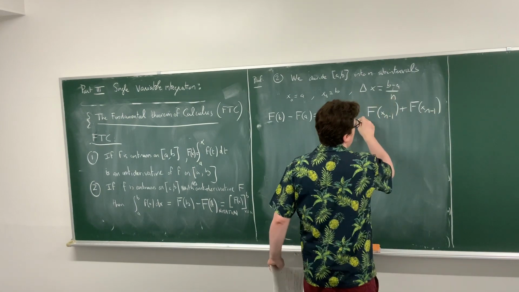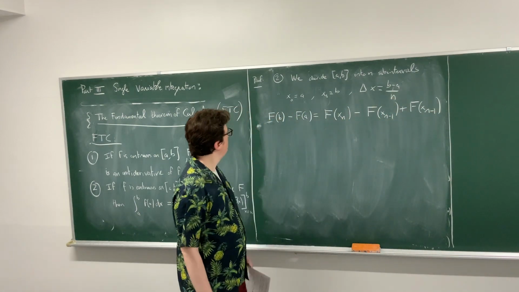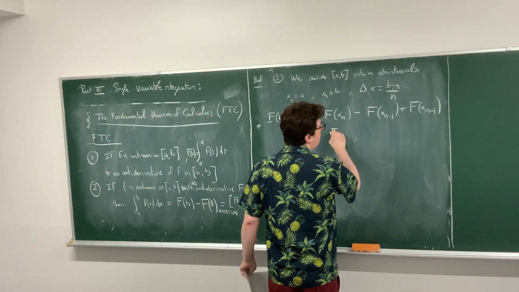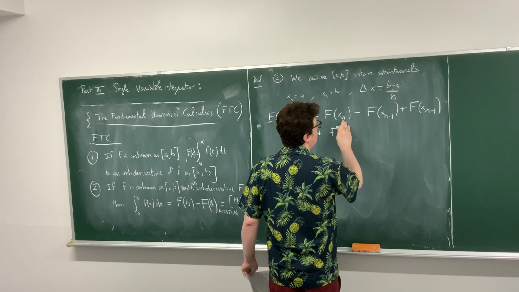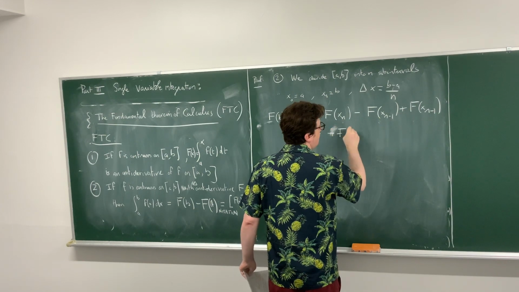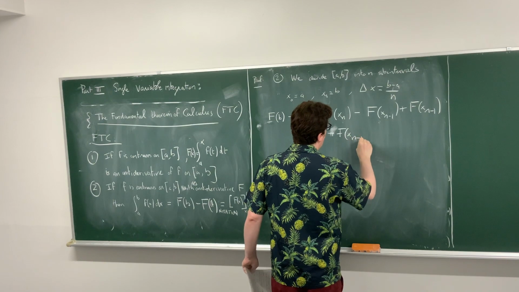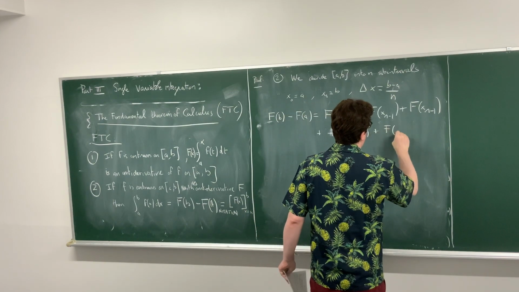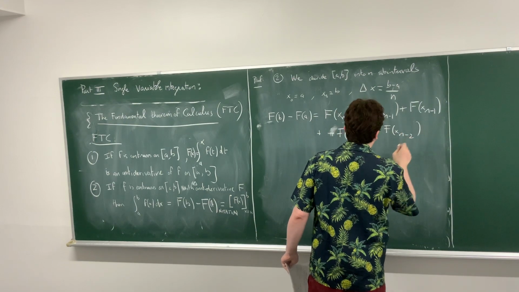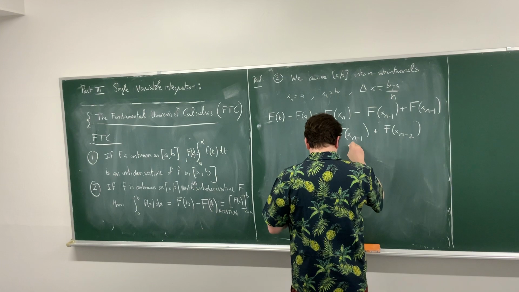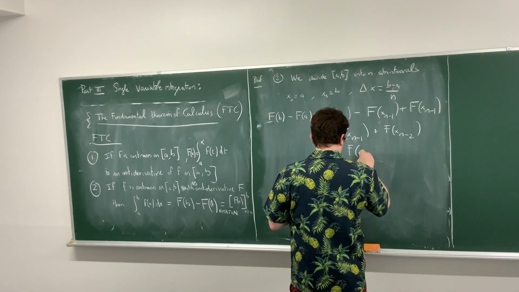So minus plus, it's like you do nothing, etc. Plus F of xn minus 1 minus F of xn minus 2, etc. And then doing this, you will end up with F of a.